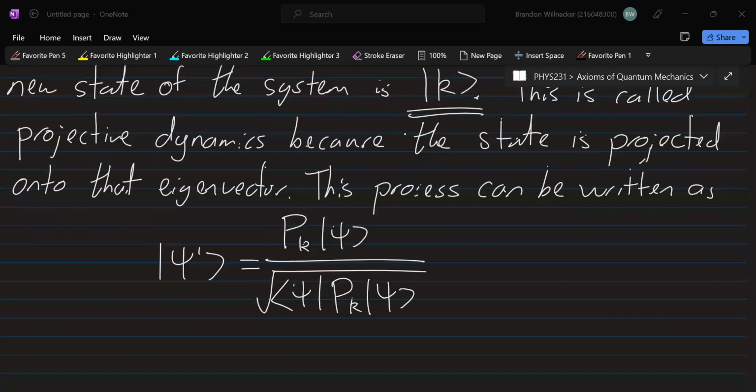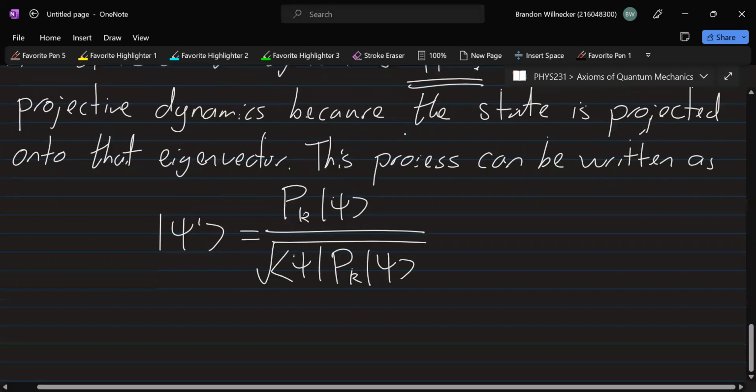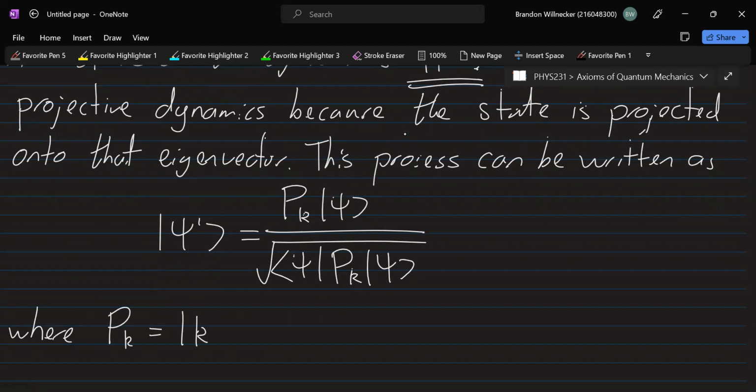So if you took a look at those exercises on vector spaces and operators or linear maps, there were a couple of exercises on projectors. P_k is the projector onto the k state. So this takes the input state and projects it onto the k vector.